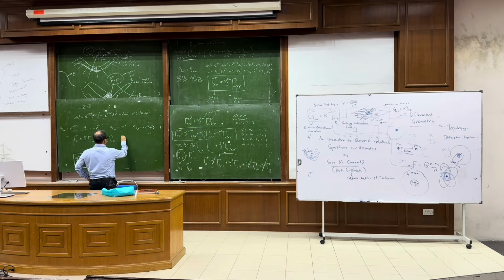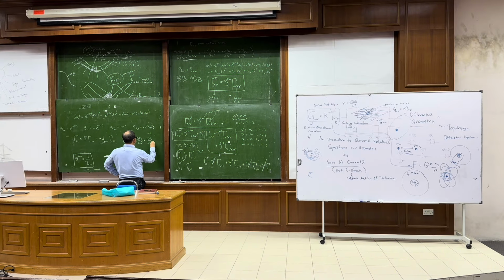We use this formula. This formula is half G X lambda G mu lambda gamma plus G X gamma G mu lambda minus G mu G lambda gamma.